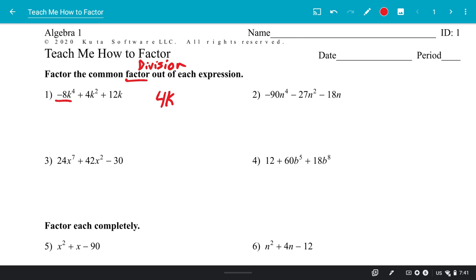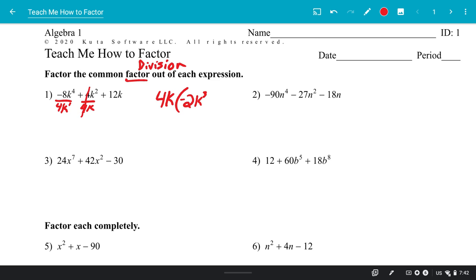I got to take each of these and divide them by 4K. For example, -8 divided by 4 is a -2. And then when you divide variables, you just have to subtract their exponents. So k to the fourth minus k to the 1 is k to the third. And then I do the same thing for the second term, divided by 4k.